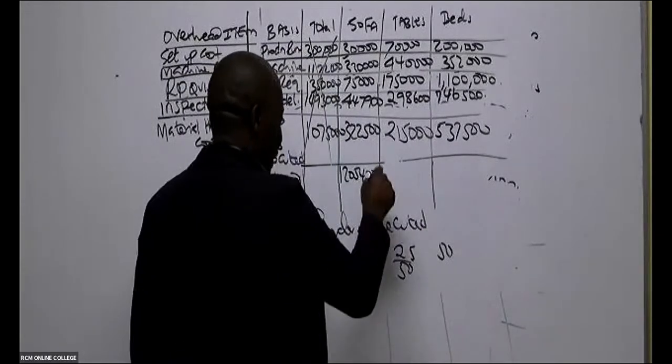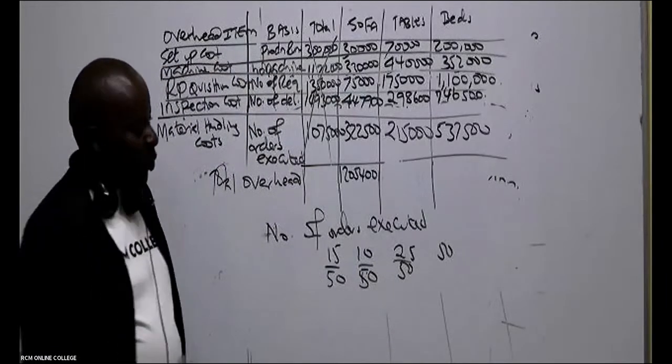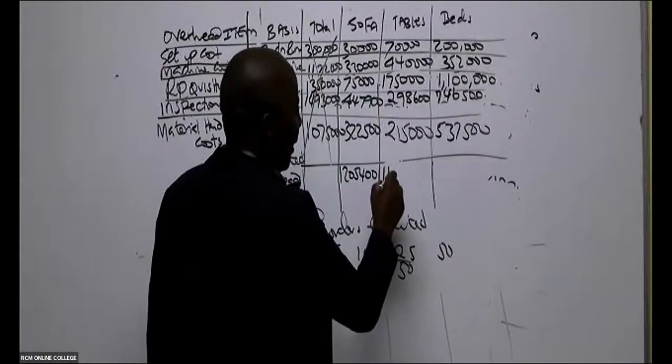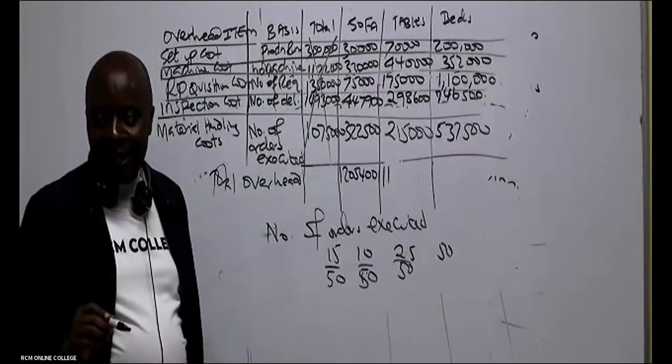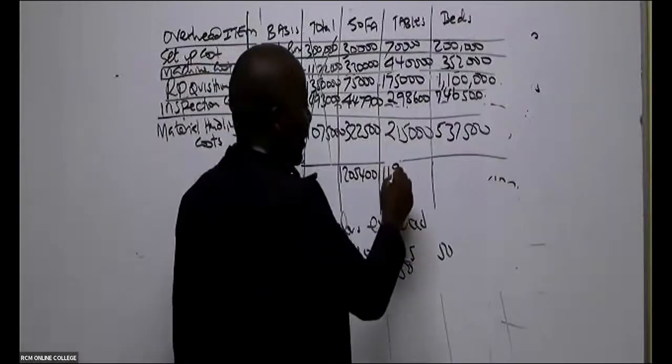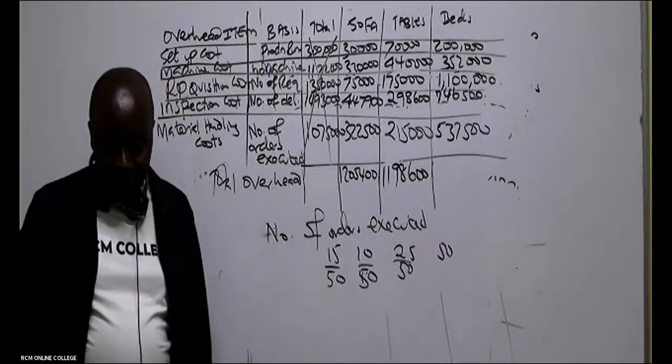So I started with 11. So 11 or 19? 11, 9, 8. Can somebody confirm that figure is correct?